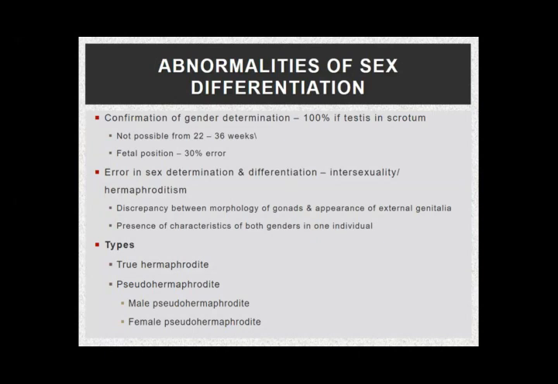So any error in sex determination and differentiation of sex is called intersexuality or hermaphroditism, जिनको हम hermaphrodites, जिनको हम ख्वाजा सरा कहते हैं या a cruel word to use as खुसरा कहते हैं. ठीक है?